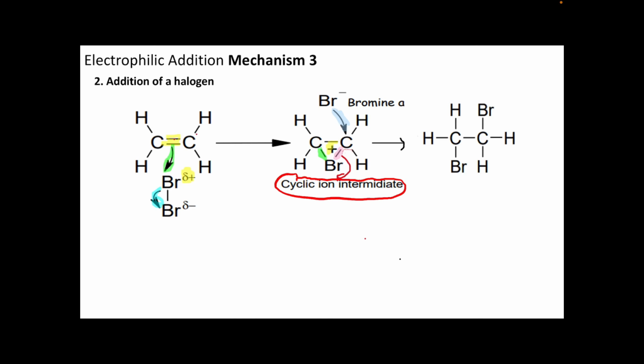So what we get is this molecule. It's got two bromines on it. We can see the original bond between the carbon and bromine in green. And we can see the bond formed between the carbon and the bromine when the bromide ion came in. And that says bromine, it should say bromide ion.